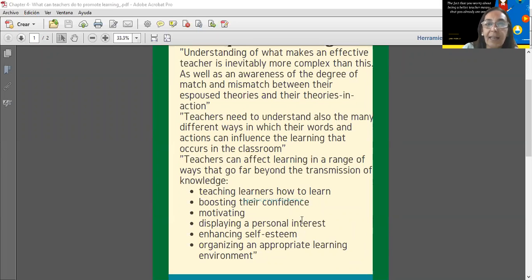Y de ahí tienen que pensar en cómo esas palabras, a ver." That is not teaching learners how to learn, that is telling them how to learn. How is teaching them how to learn?